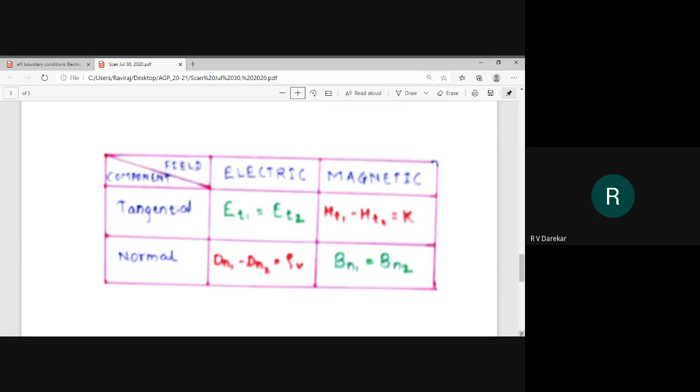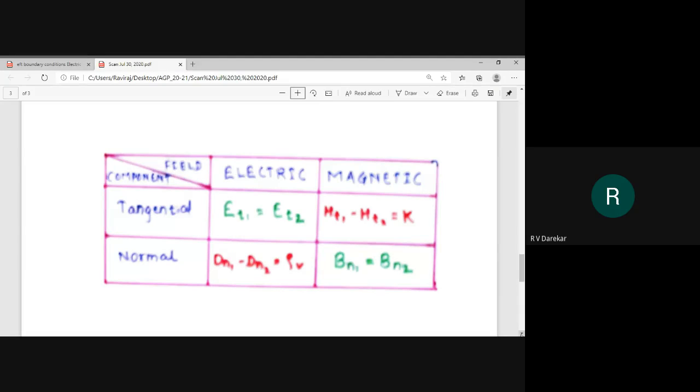The conclusion of tangential components of electric field will be ET1 is equal to ET2. Intentionally they are shown by the green color, and normal components of magnetic field are Bn1 is equal to Bn2.